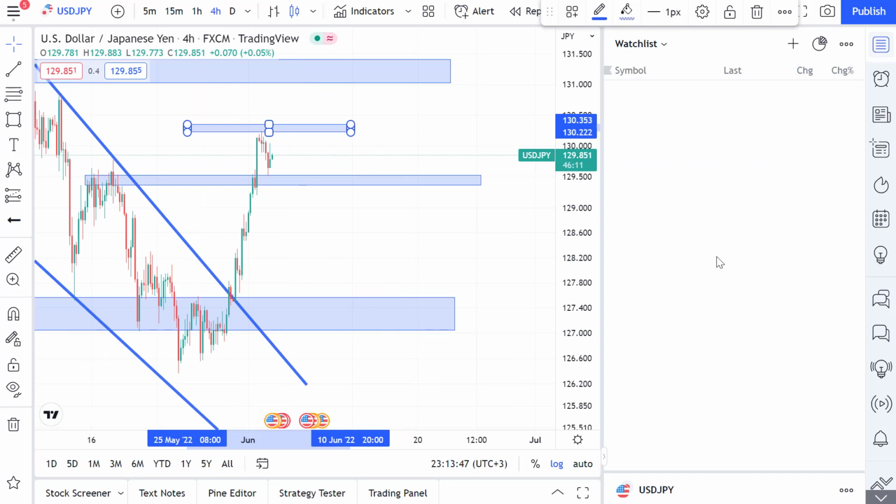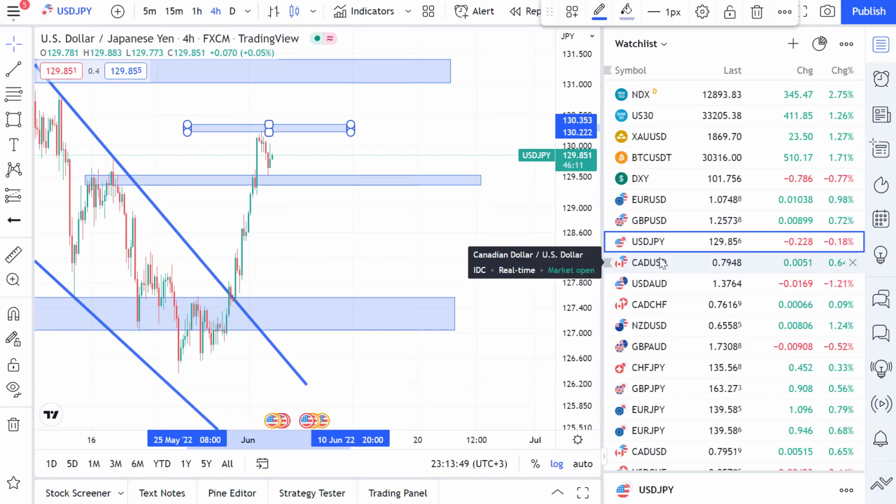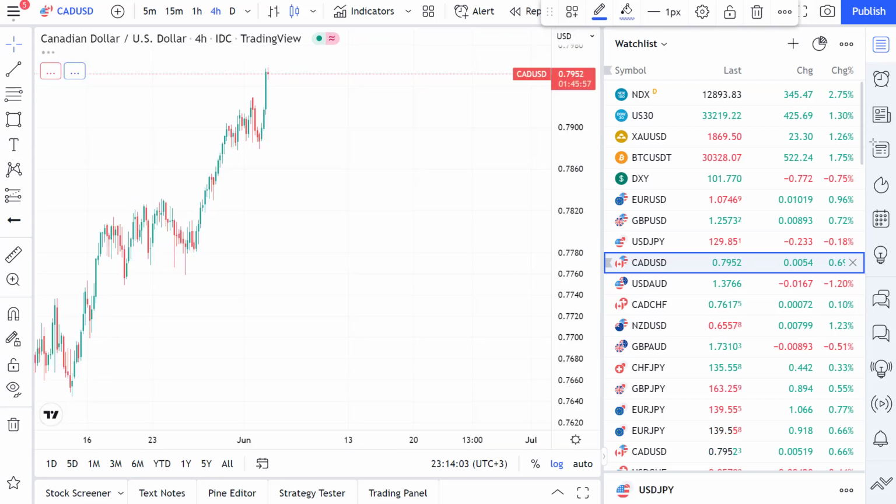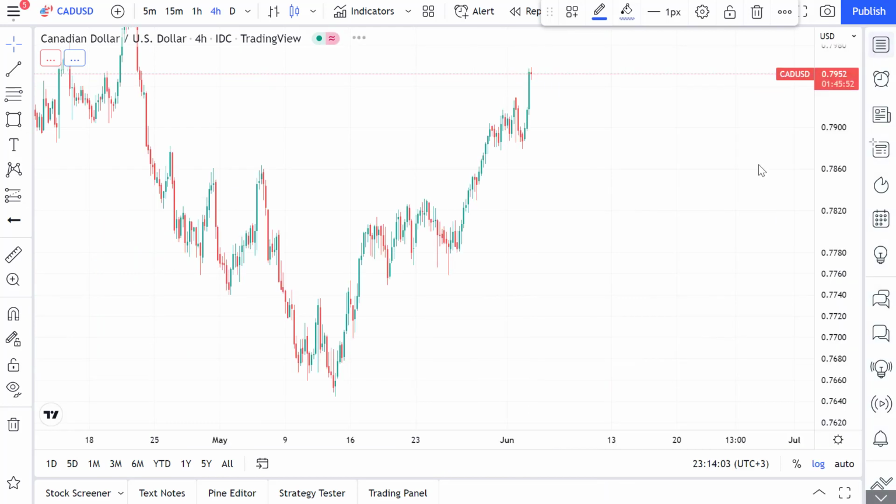And the next market is Canadian dollar and USD. For Canadian dollar USD, I can tell you something interesting. Yesterday, Bank of Canada announced that they are going to increase the rates.